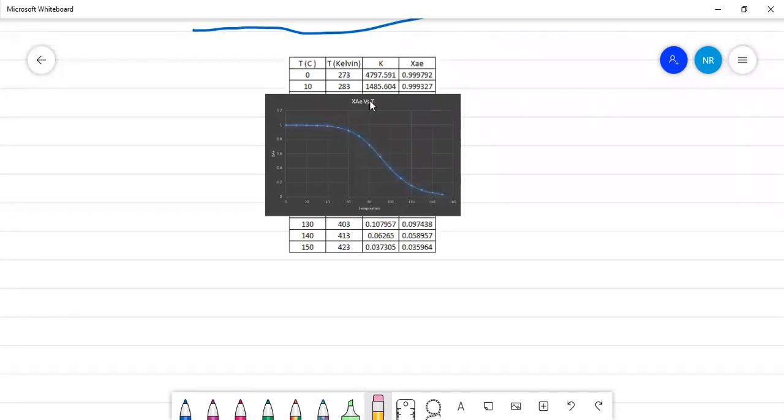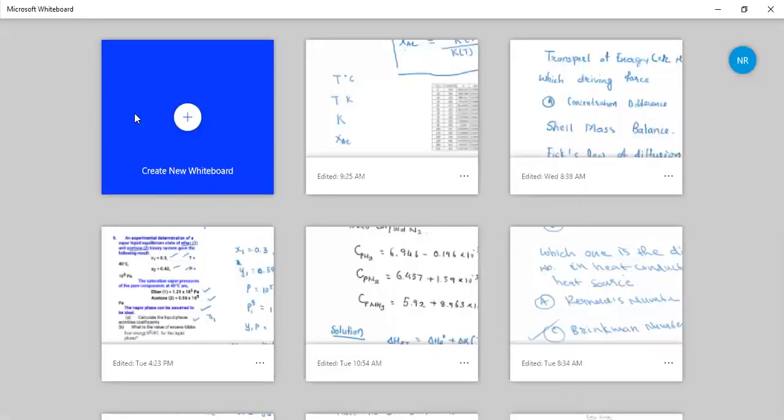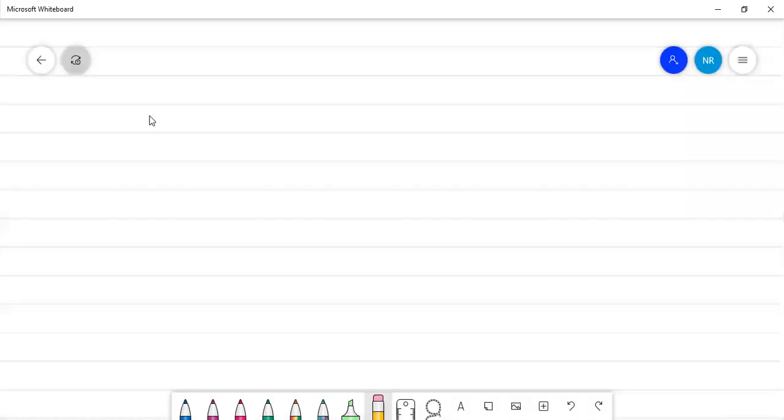So now the next theory will be the graphical procedure. Let's go for the next theory, temperature and pressure effect with the graphical procedure.